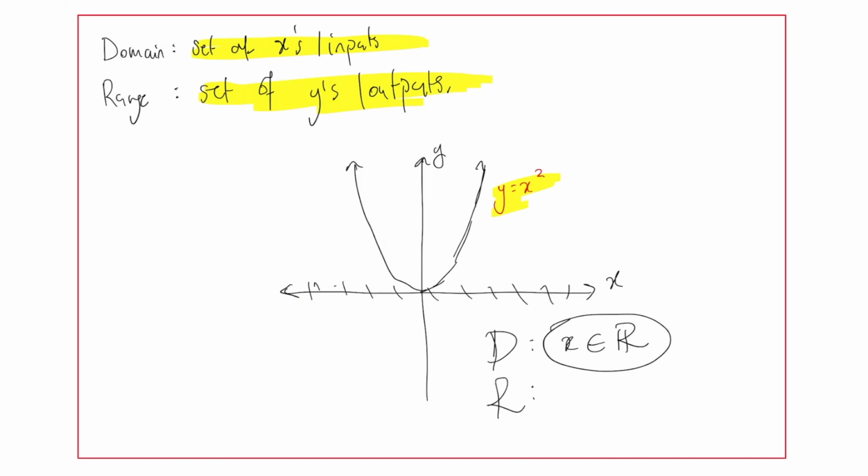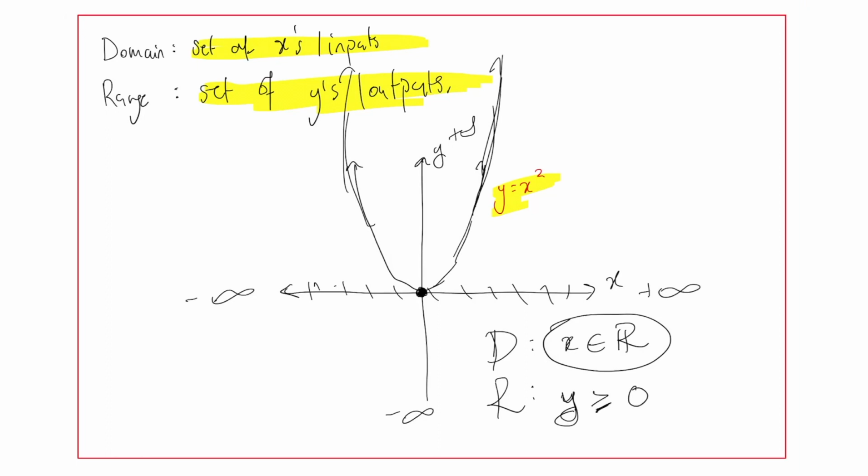Now how about the range? The range we found, by looking down here, starting from 0, the function continues upwards. It goes to infinity, positive infinity, and down here is negative infinity. Right side is positive infinity, left side is negative infinity. So we wrote that the range is y greater than or equal to 0.